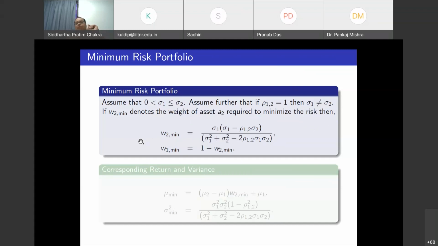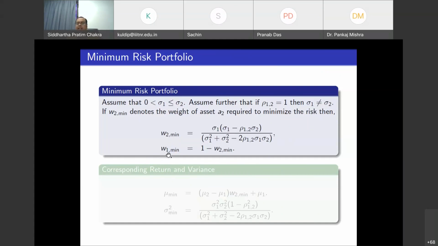Now, suppose that the combination of W1 and W2 values for which sigma square will be minimum, I denote with W1 comma mean and W2 comma mean. And you can show that these two values which minimize sigma square are given by sigma 1 into sigma 1 minus rho 1 2 sigma 2, divided by this denominator.